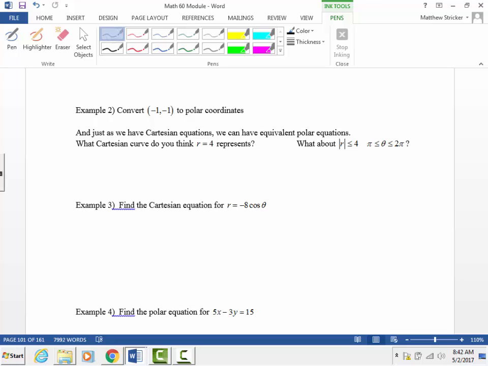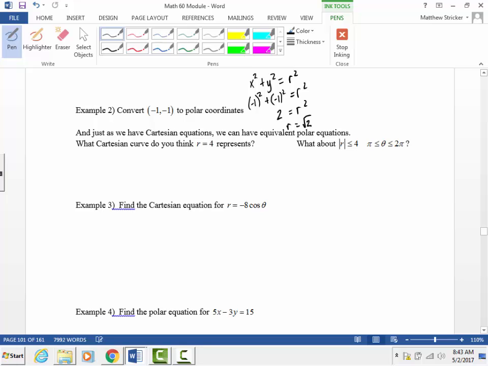So what formula do we use to find r? Yeah, x squared plus y squared equals r squared, and we know that x is -1. We know that y is also -1. So that means r squared is equal to 2, which means r is square root 2.